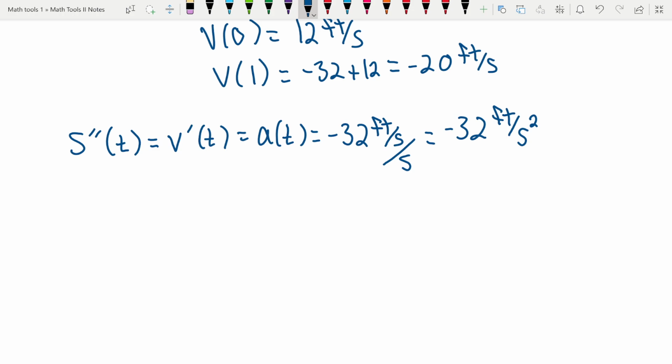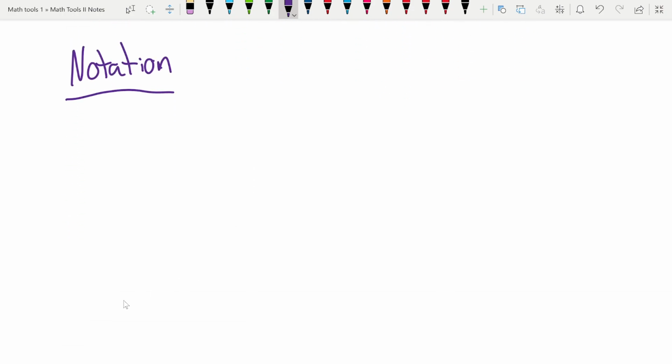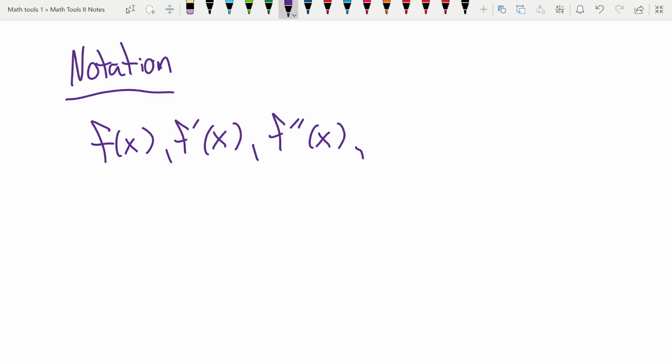So let's go ahead and just look at some of the notation for this first. I just showed the double prime there. But of course you don't want to just keep tacking on primes if you keep taking derivatives. So in general, we have f of x, f prime of x, f double prime of x, and then at 3, sometimes they add another prime, sometimes they'll switch over to the other notation, because at this point it starts getting a little messy.